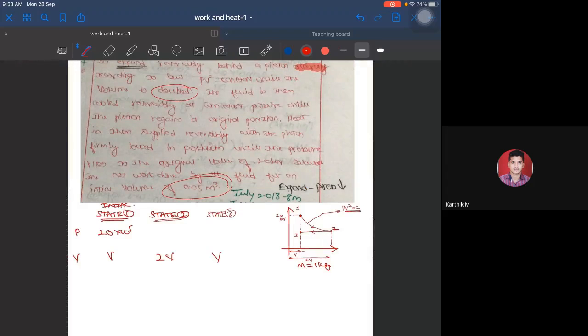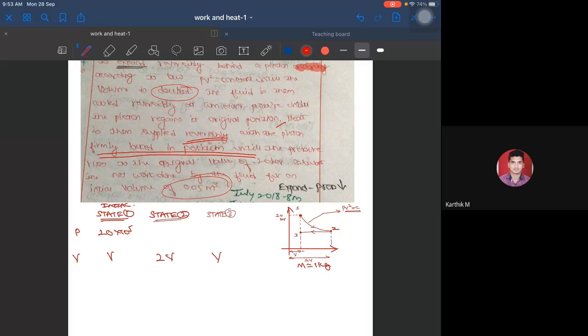Now, coming next is, where is that? This one. Heat is then supplied reversibly with the piston firmly locked in position. Okay, with the piston firmly locked in position, that means if your piston doesn't move, the volume will not increase or decrease. That means which process?